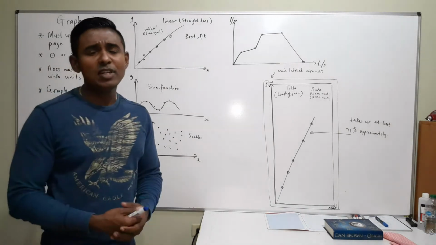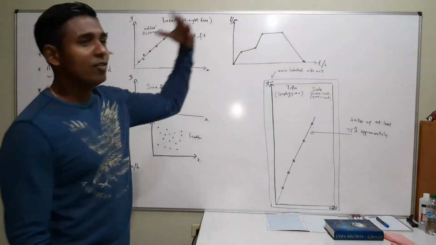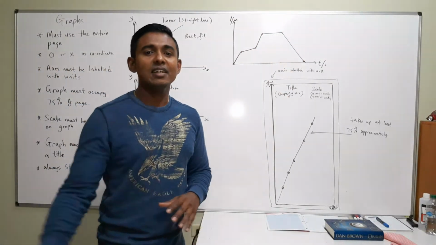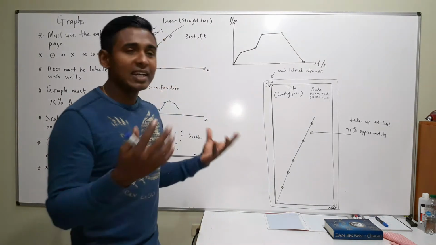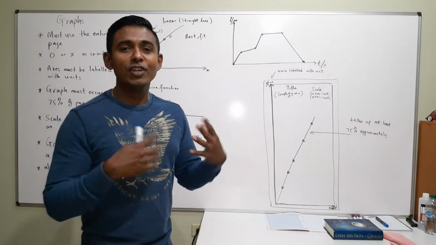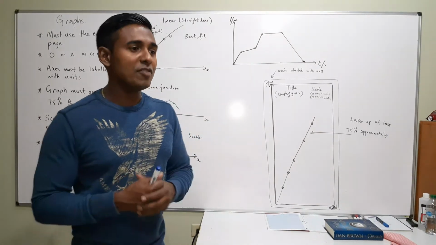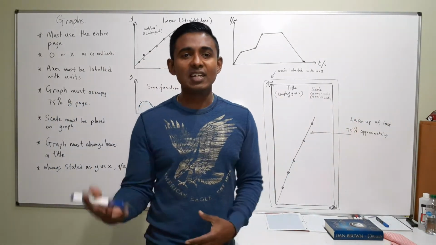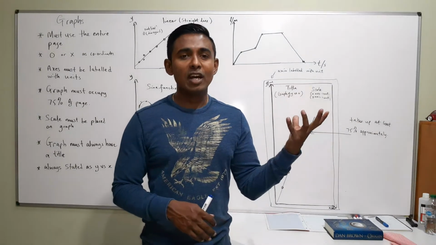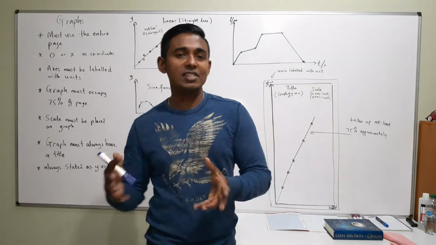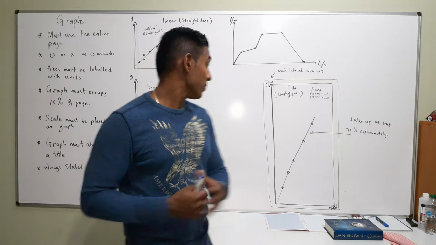Generally, let's say you're plotting rainfall versus day. Then the title of that graph is graph of rainfall versus day. That's all you have to say. If you're plotting distance versus time, the title of that graph will be graph of distance versus time. That's it, nothing fancy.